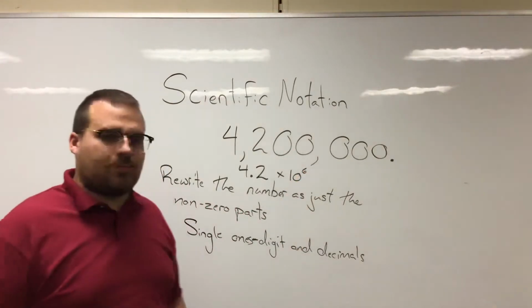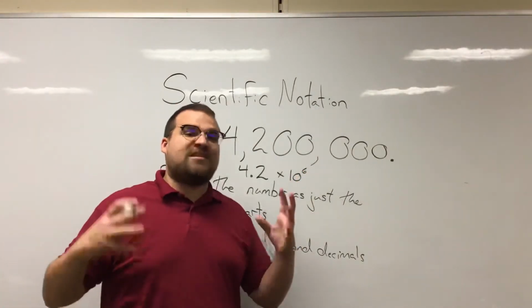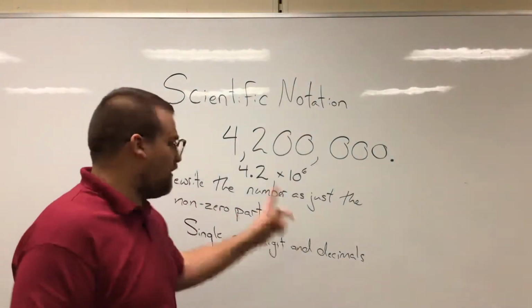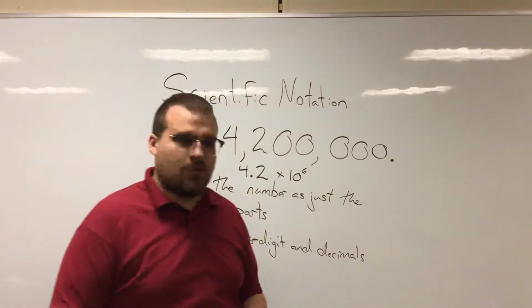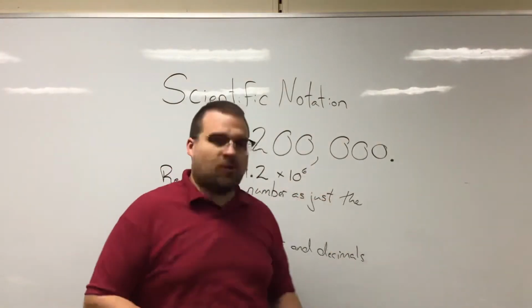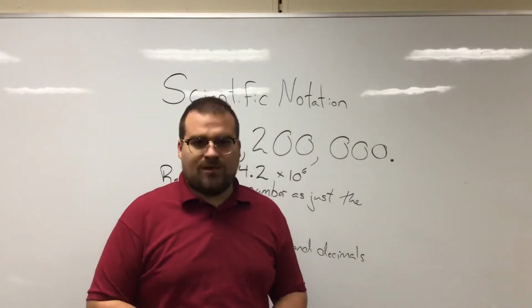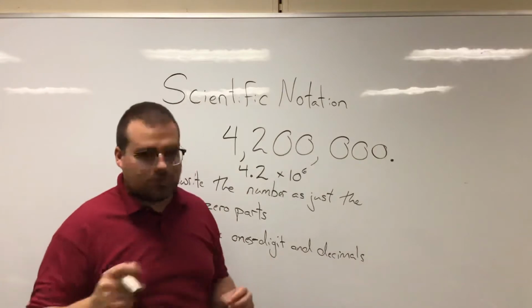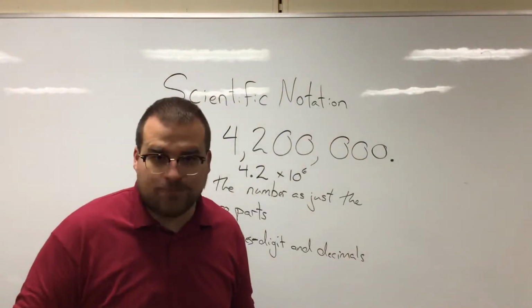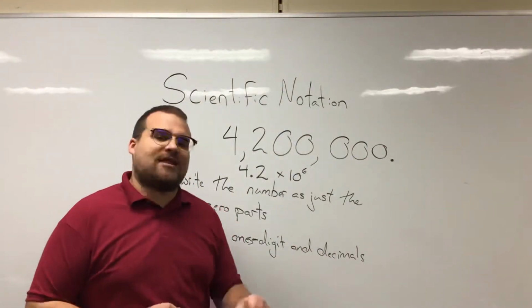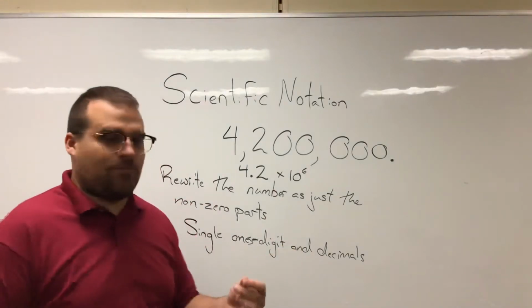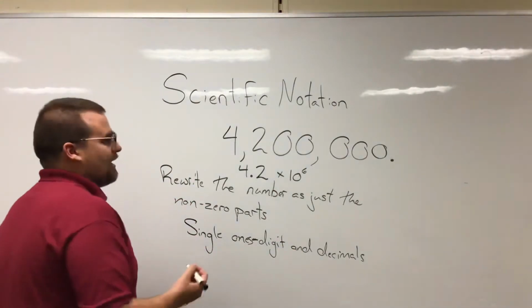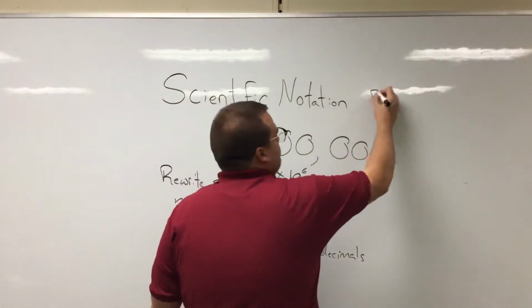Now here's the thing to remember. If you have a really big number and you're writing it in scientific notation, your exponent is always going to be positive. If you have a really tiny number, meaning 0.000052, something like that, then that exponent is actually negative. We're going to do some examples like that too, but I'm going to write that down here.